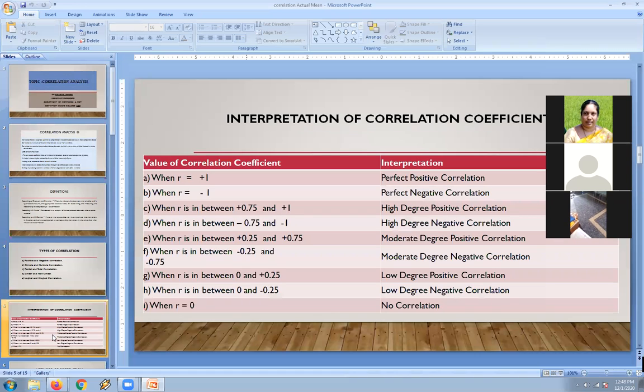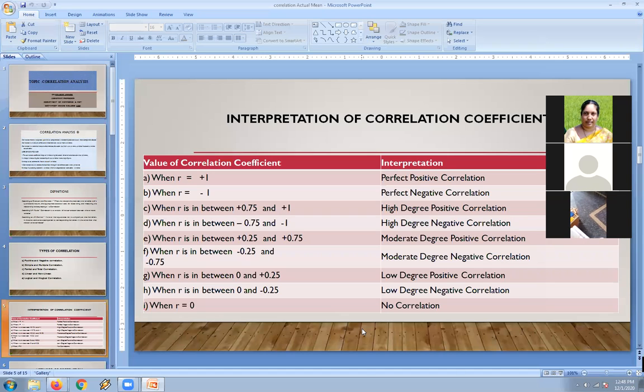So when we are going to measure the degree of correlation, to what extent we can interpret the correlation coefficient, that is called Karl Pearson correlation. Here, when we get the result of the correlation coefficient, how do we interpret it?